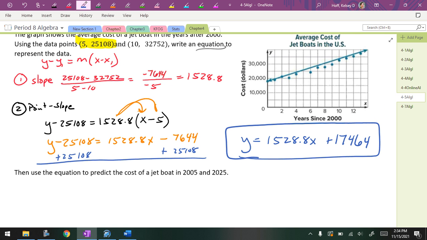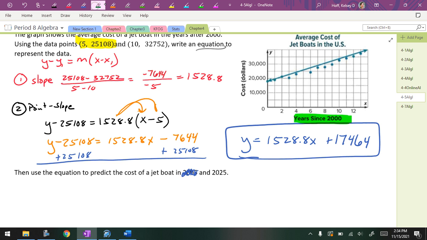Let's just go 2025. How do I predict based off of this equation? Plug in what? 25? Why 20? Why not 2025? Very good. Reading your graph, it says years since 2000.